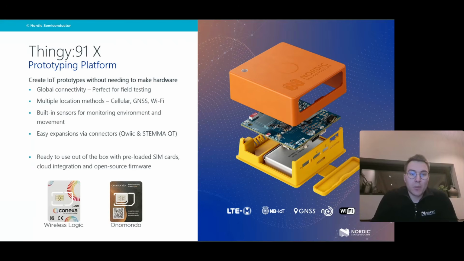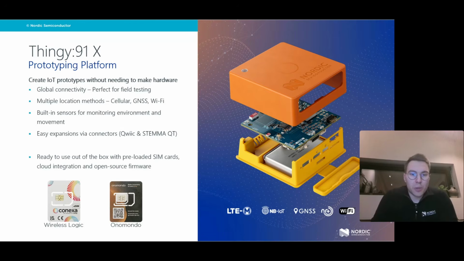And as we want to make it as easy as possible for customers to get started, we have also added 2 SIM cards in this device. So they can open up, plug in the SIM card and turn the device on, and they can get started. And it's already flashed with an out-of-box firmware, which we call Hello nRF Cloud.